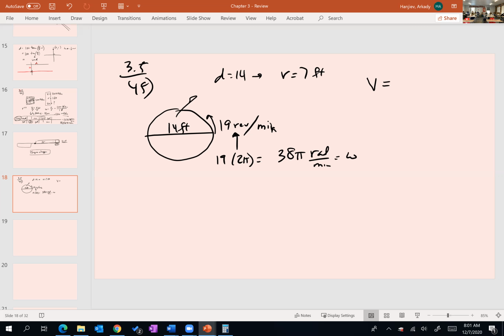Because I need V at the end of it all. And it's the same exact formula again. There's my formula right there. All right, so let's go with it here. So this would be 7 times 38 pi. Anybody give me that? And I'm going to get the unit values out of this. This would be feet. The radians go away because they're just a real number. Feet per minute. I think that's what we're at.